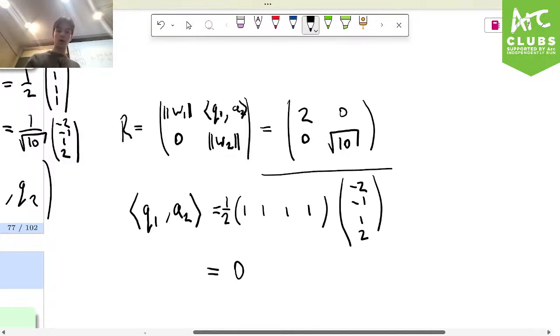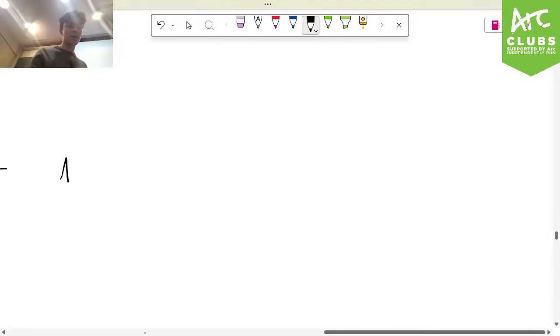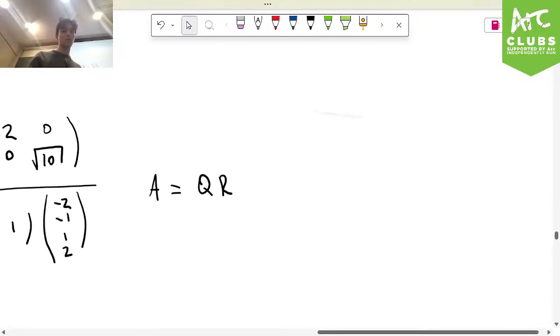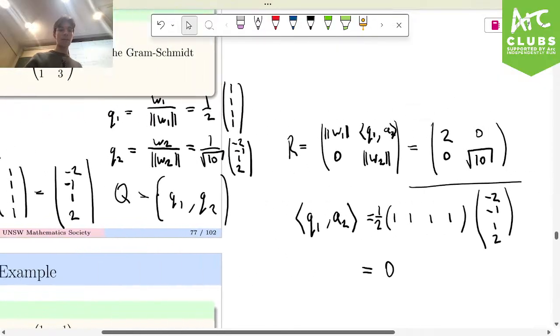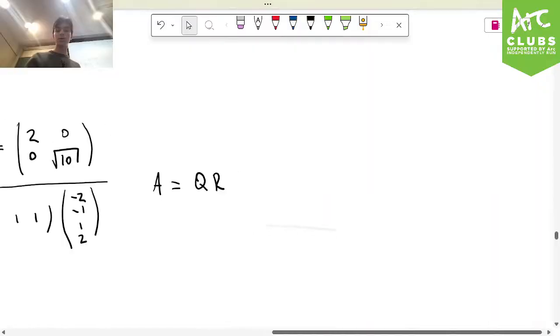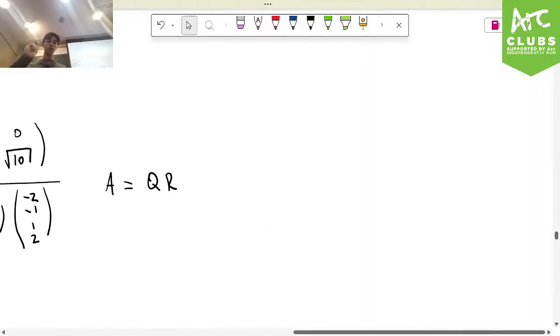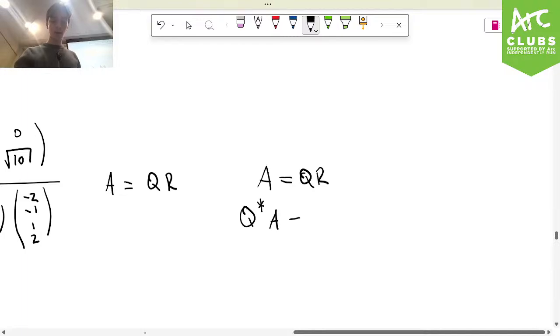We've got our R matrix, and then we can conclude by saying that A equals QR, right? So we found our factorization. But something clever that you can actually do to find this R matrix instead, especially when you have a higher dimension, is given that A is equal to QR and Q is an orthogonal matrix, you can multiply by the adjoint, which we're going to go into in a bit, which is going to cancel out with Q as one of the properties, and we're just going to be left with R on the right-hand side.